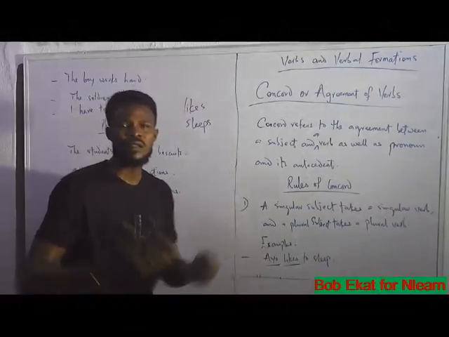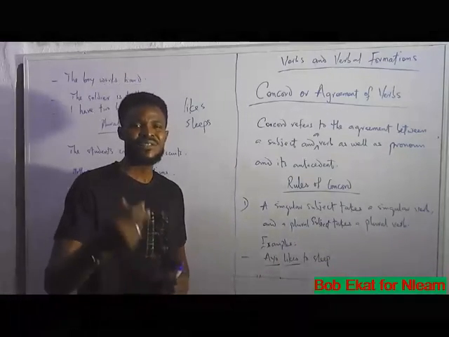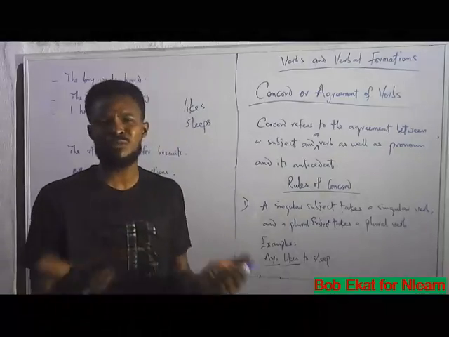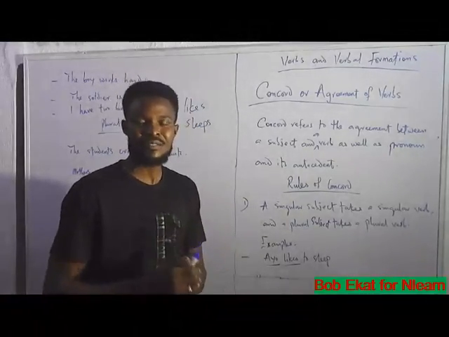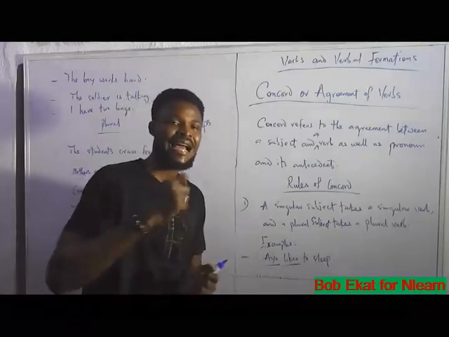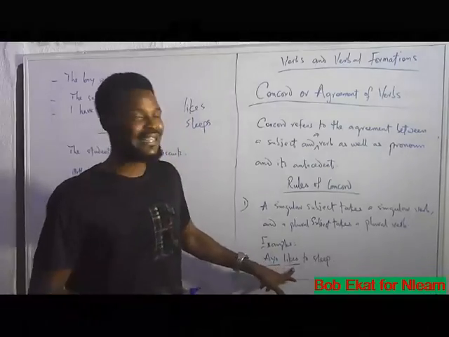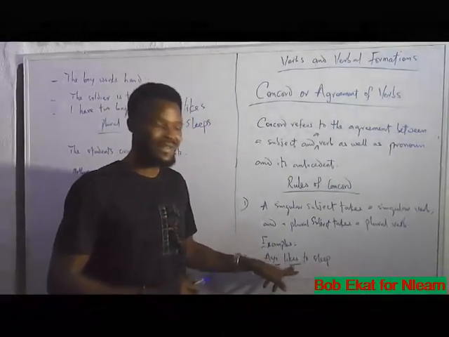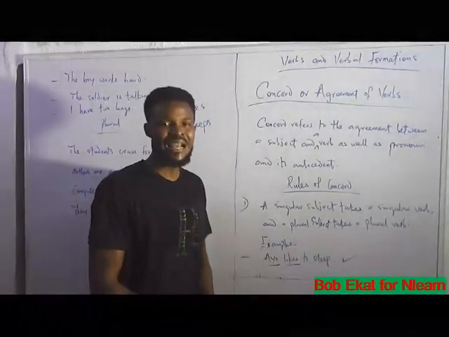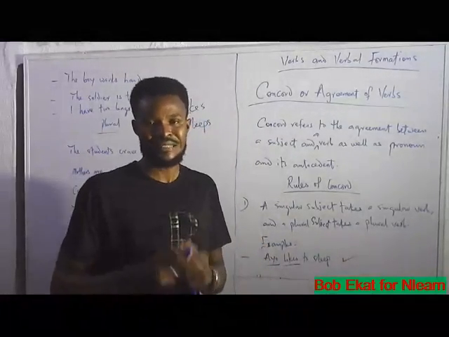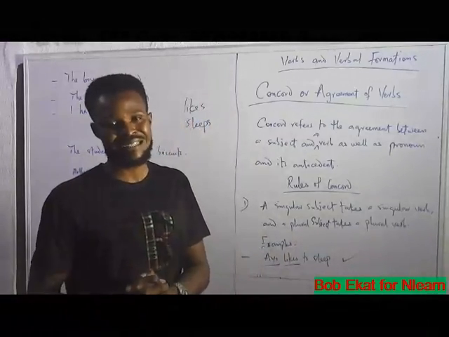The word walk is in plural form. To make it singular, you add s in front. So the most common way of making verbs sound singular is by adding s. So Ayo likes to sleep. Likes is singular, Ayo is singular, so this is a pass. If you say Ayo like to sleep, you will be wrong. There will be discord in that sentence.